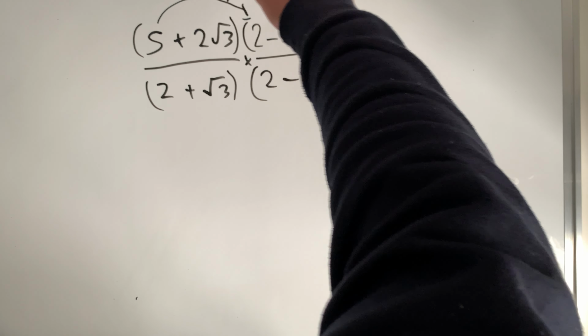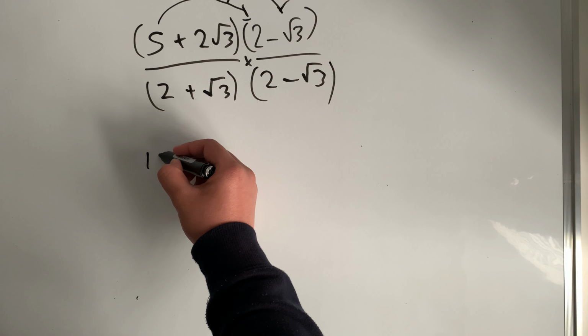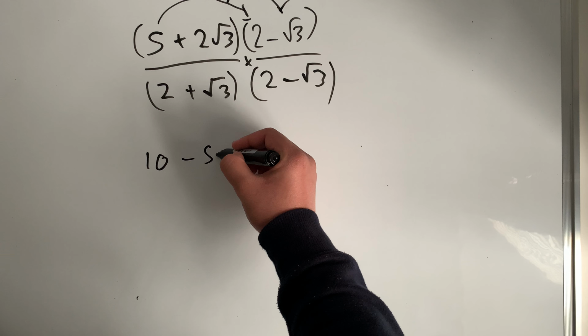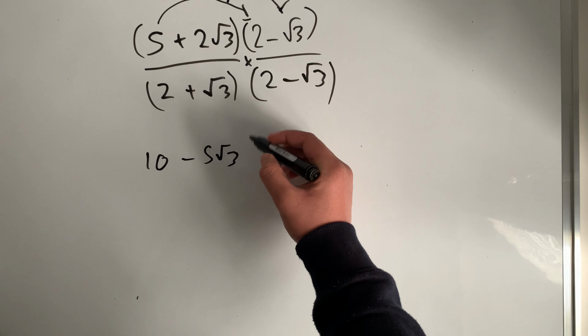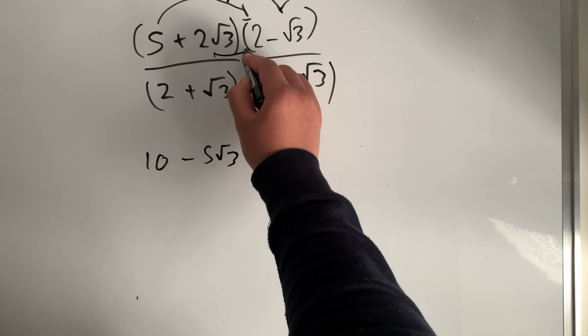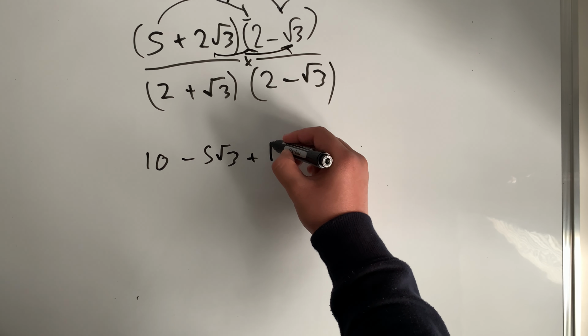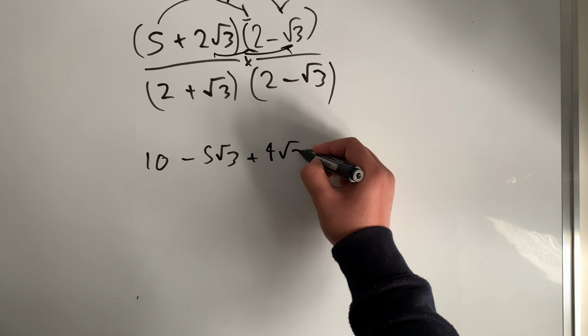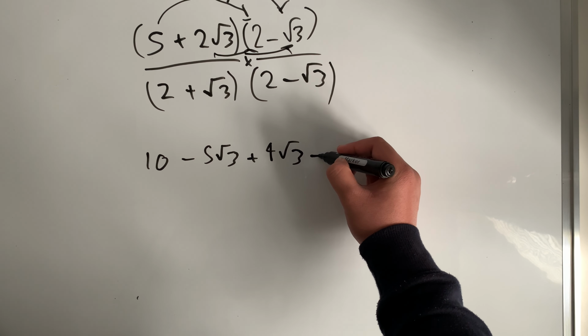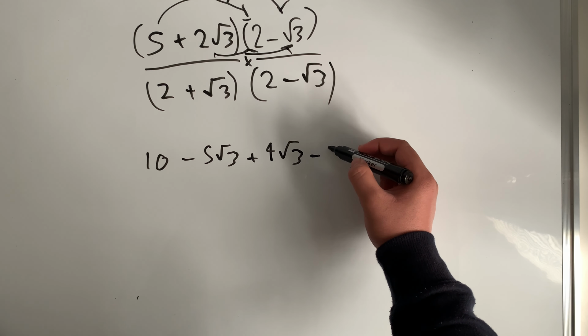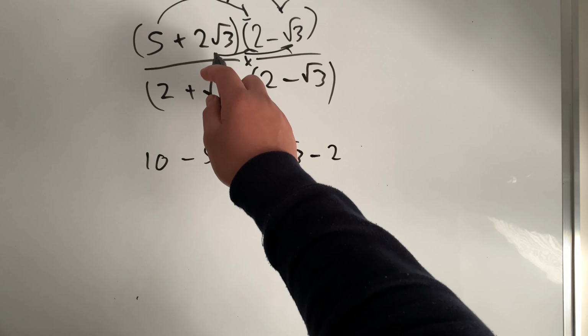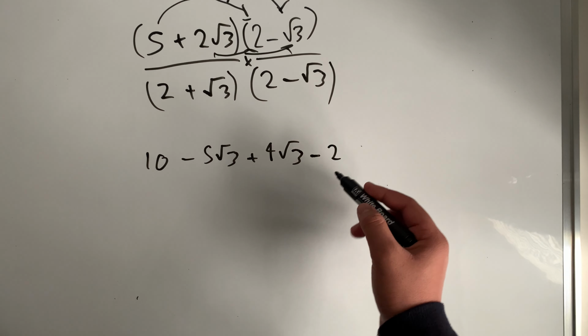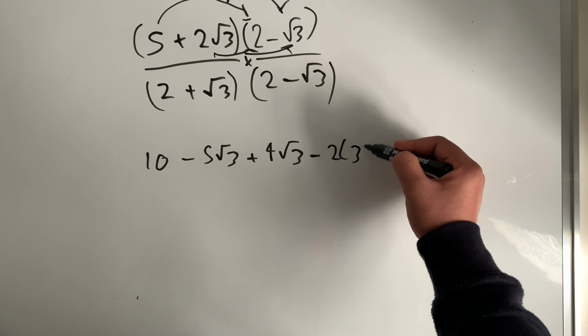So you simply just times over here. So 10 minus 5 root 3 plus 4 root 3 minus 2. However, root 3 times root 3 is 3. So we'll just write that in brackets over here and then we'll times it later.